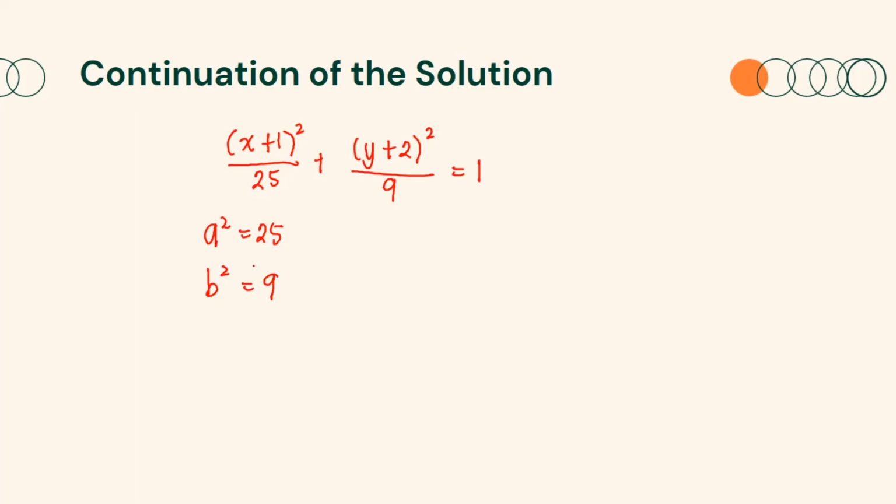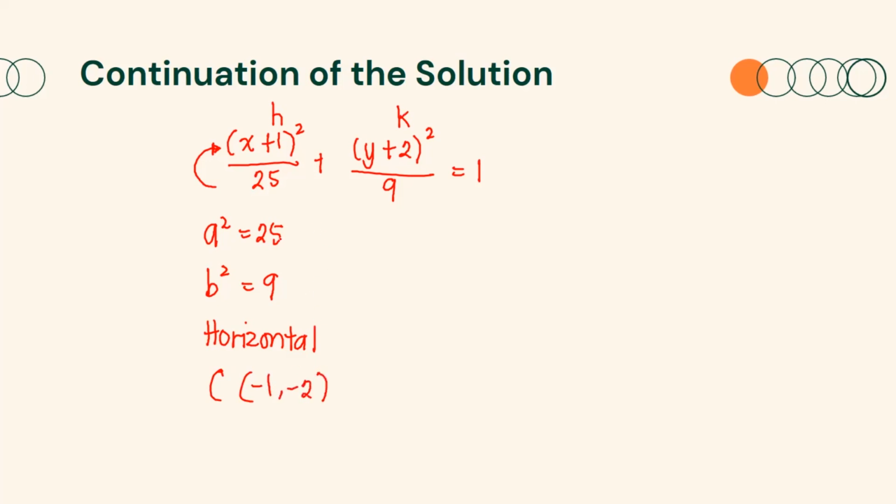Since a² is the denominator of the x term, the orientation of our ellipse is horizontal. Additionally, the center of the ellipse is at (h, k), wherein this is your h and this is your k. Therefore, the center of our ellipse is at point (-1, -2).